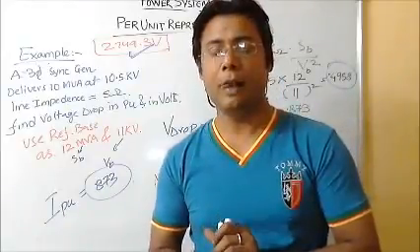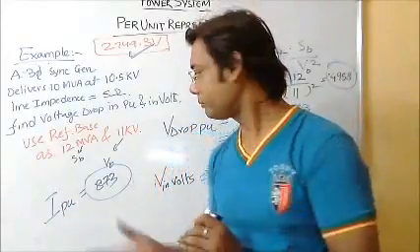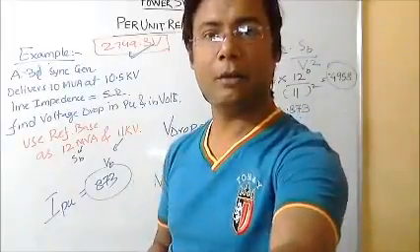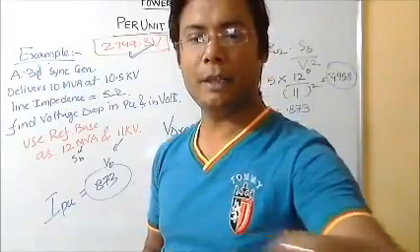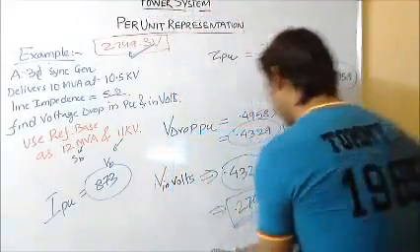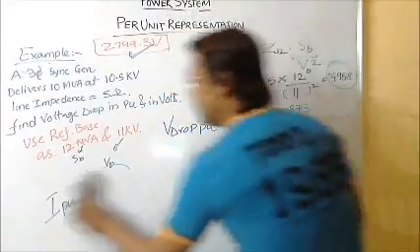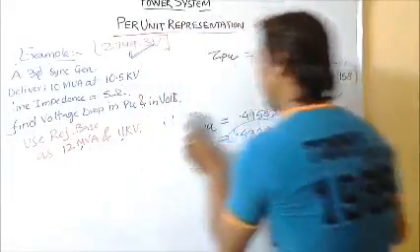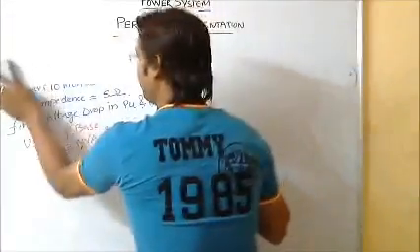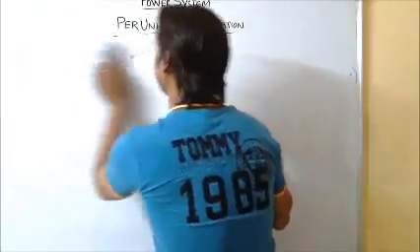So this is the way we are doing per unit representation. We can have another example on the same per unit representation, which we have discussed in the impedance diagram. This is a question on making of an impedance diagram.